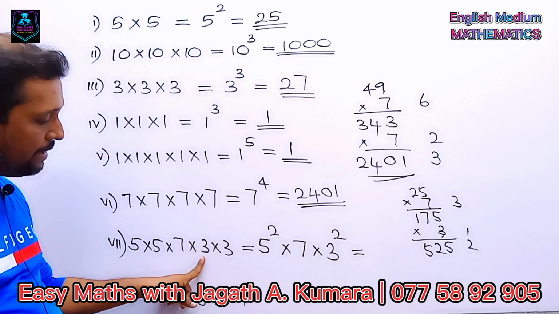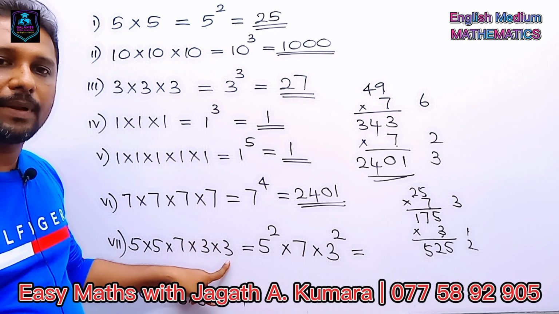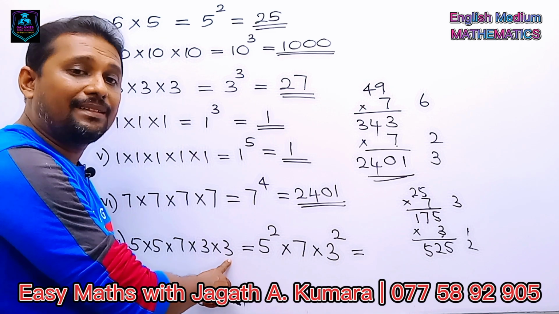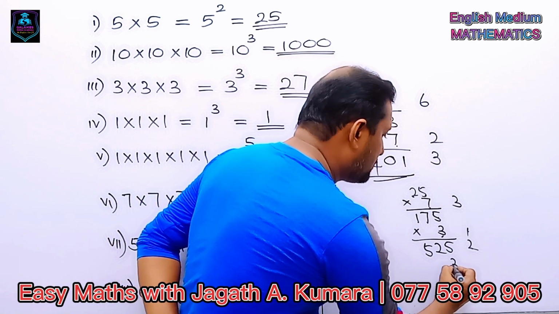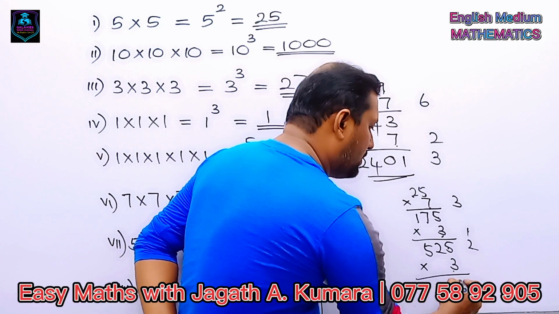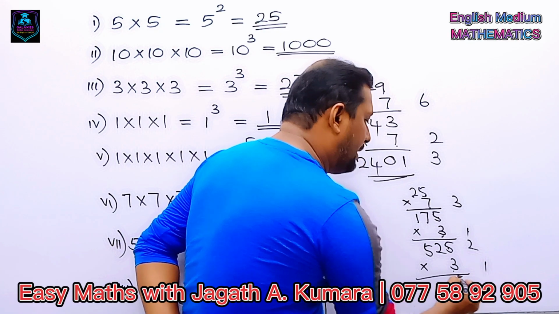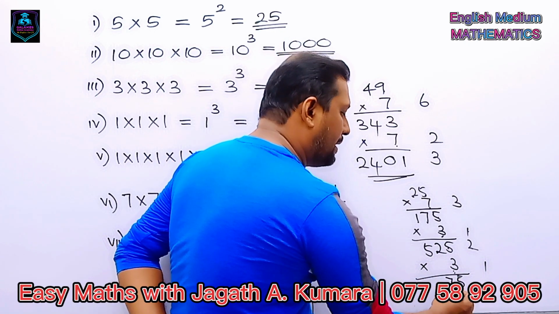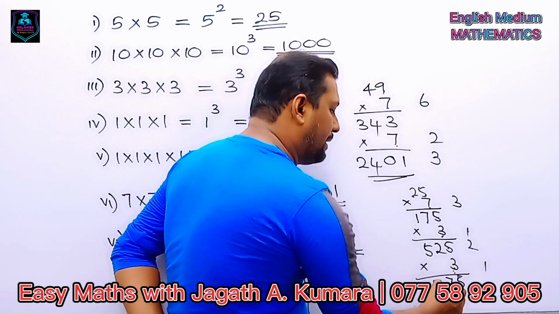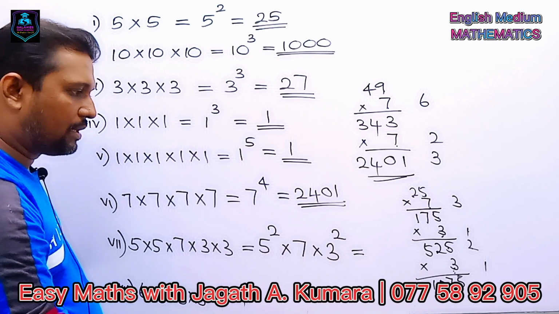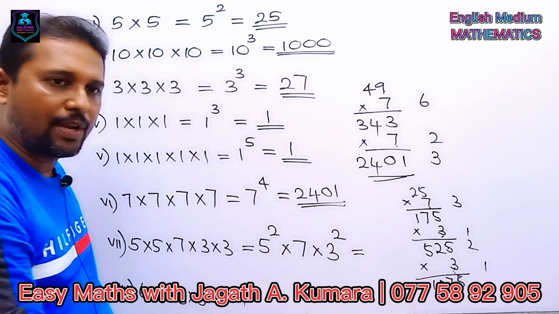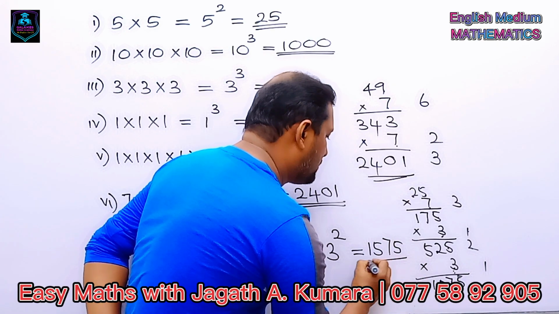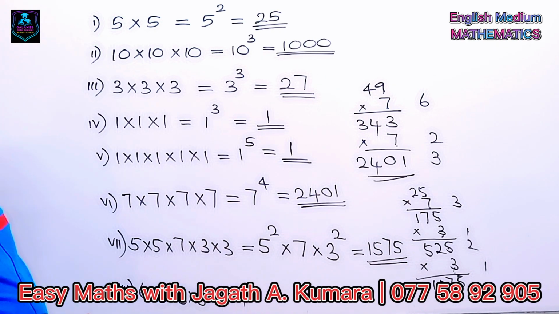Then 525 again you have to multiply by 3. 15, remaining 1. 6, 3 times 2, 6. 6 plus 1, 7. 3 times 5, 15. So the answer is 1575. Right?